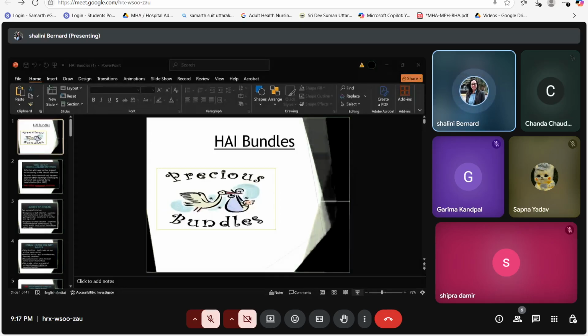The second bundle point is to use subglottic secretion drainage in patients who are on a ventilator for more than 48 hours. For subglottic aspiration, there are two methods: one is a closed tube system suctioning, and the second is continuous subglottic drainage. Continuous means there are two suction jars with low pressure which drain the oral secretion continuously, and the closed system maintains sterility while suctioning a patient.